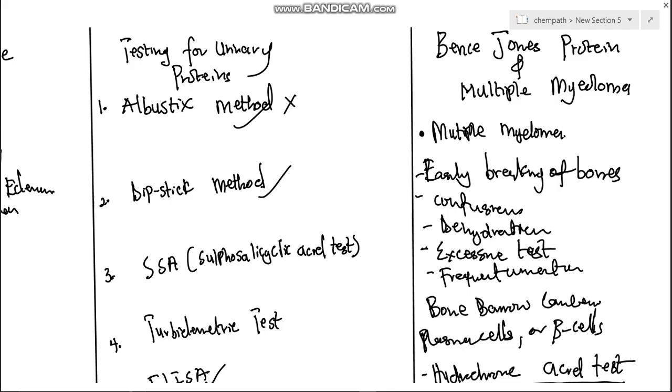It's also known as bone marrow cancer, and it is characterized by easily breaking bones, confusion, dehydration, excessive thirst, and frequent urination. These are the symptoms, and multiple myeloma leads to the release of a protein we call the Bence-Jones protein, which can be detected in the urine as an indicator of multiple myeloma.